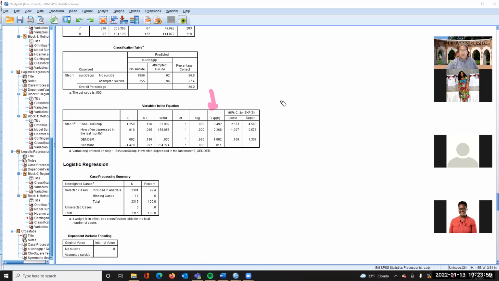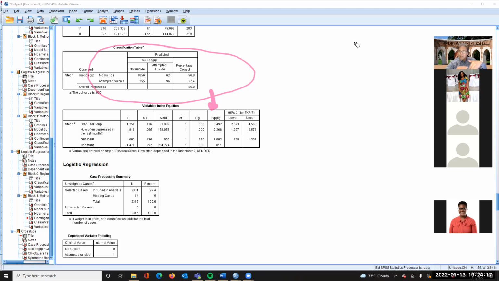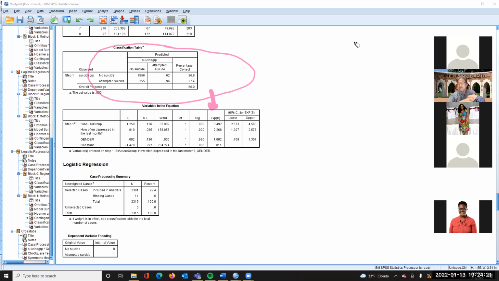What's the odds ratio? How is it computed? The other thing we really have not talked about is the classification table. And the other thing that I want to talk about next week is how binary logistic regressions are related to discriminant function analysis.